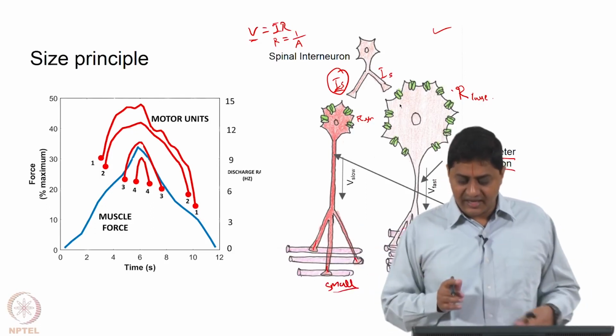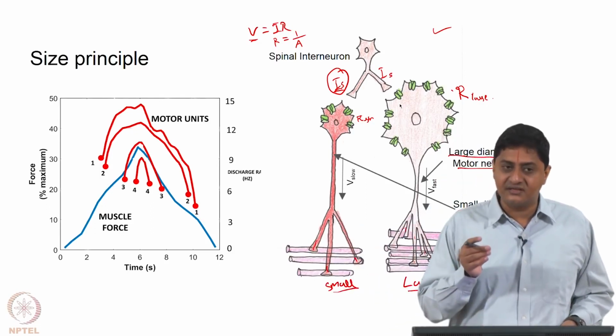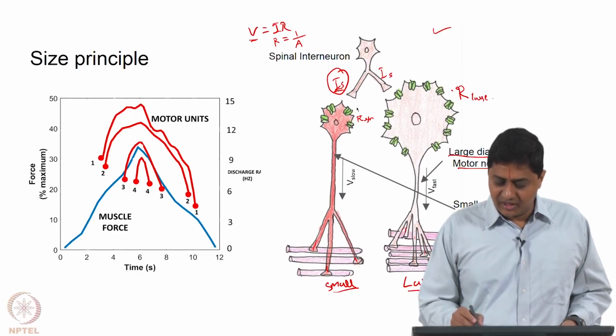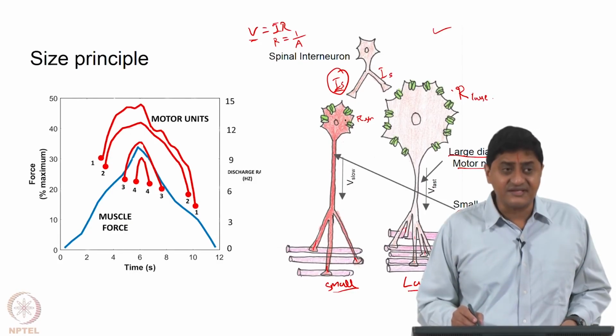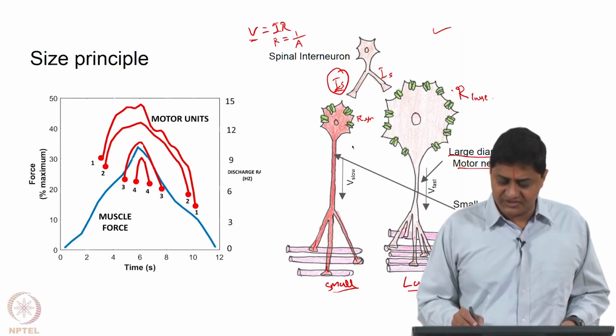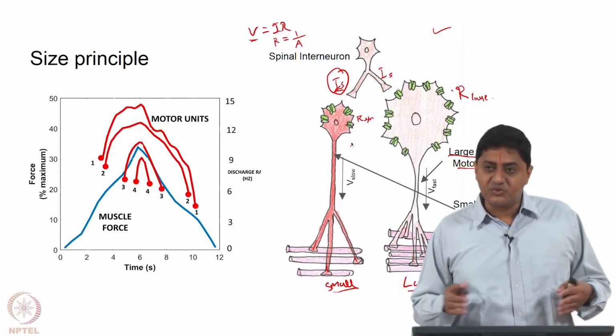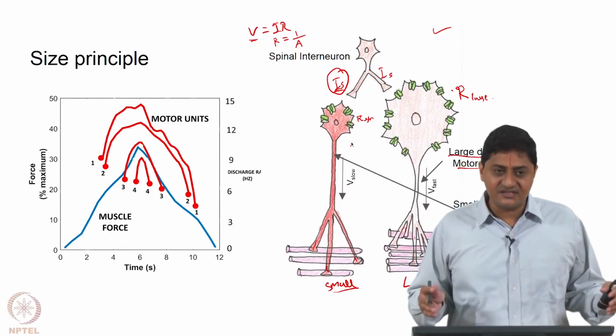So, the order of recruitment depends on size. This is due to this property of the motor neurons. Because of the distribution of the sizes, the resistance distribution varies.